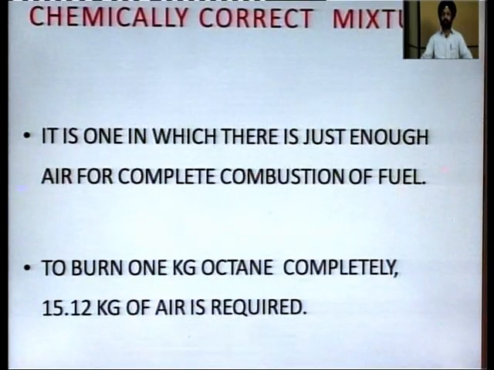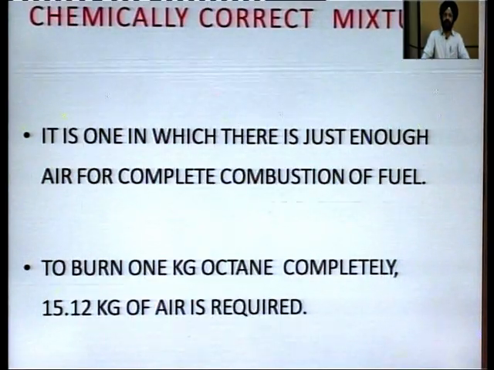A chemically correct mixture is the one in which there is just enough air for complete combustion of the fuel. To burn 1 kg of octane, C8H18, completely, 15.12 kg of air is required.